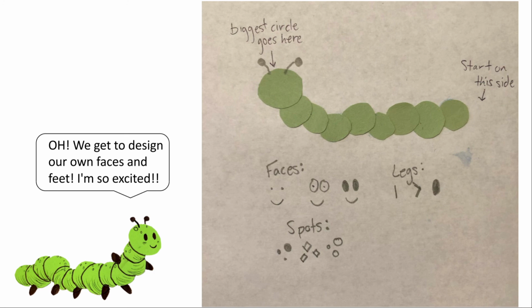But I have some dots, some shaded in circles. I have some diamonds that are just squares on their tippy toes on a point. Or I have some just plain circles like Katie has. So y'all can choose your own or y'all can use those. And let's color in some spots.